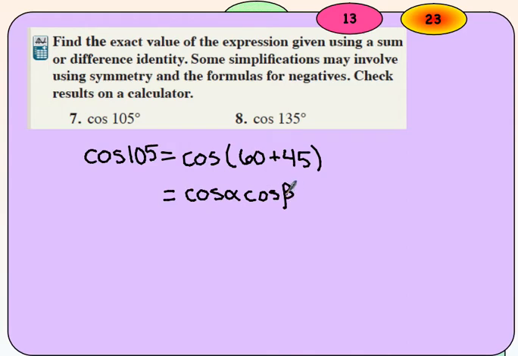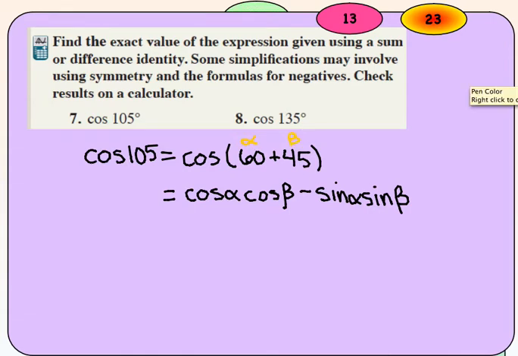And then because we're adding inside, we're going to subtract in our equation because the equation stays the same, but the signs alternate. And then we're going to have the sine of alpha and the sine of beta multiplied there. And just to keep in mind, our alpha is going to be 60 and our beta in this case is going to be 45.